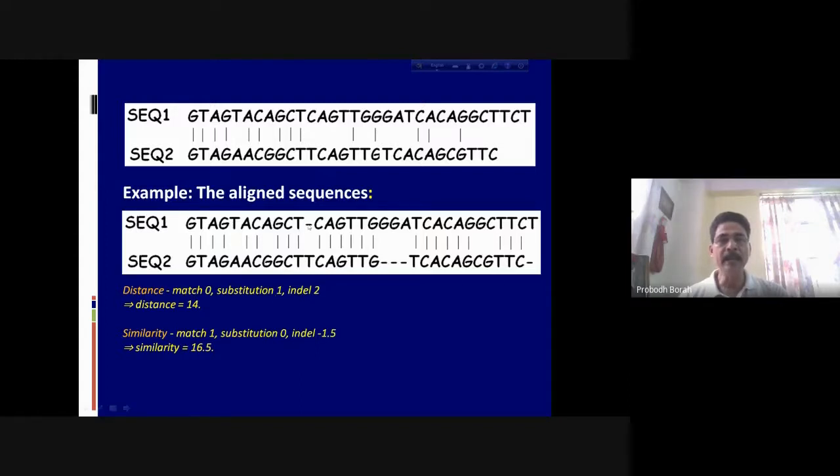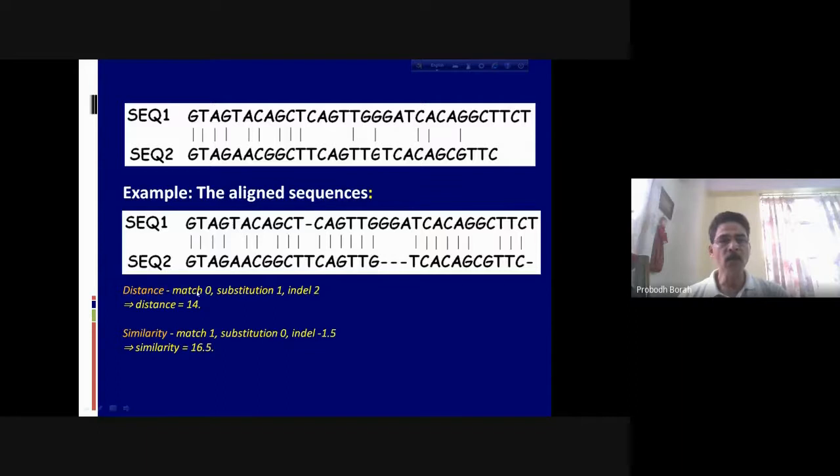Then while there is an insertion or deletion, as insertion deletion is an evolutionary phenomenon which occurs less frequently than point mutation, this kind of distance will happen only over a longer duration of evolutionary time. And therefore, if we find this distance, the weightage of distance will be more. So let us take the score of 2 for every insertion deletion. This is a simple scale that we have decided to differentiate between the 2 sequences.